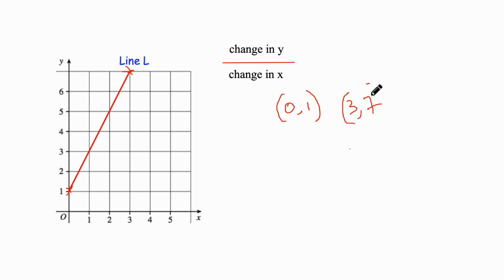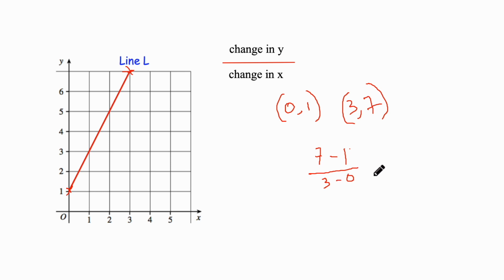So after you get these points, make sure they are on the line. We plug those numbers into the equation, which is change in y divided by change in x. So we got change in y, so 7 minus the other y value, which is 1, so minus 1, divided by the x values, 3 minus 0.